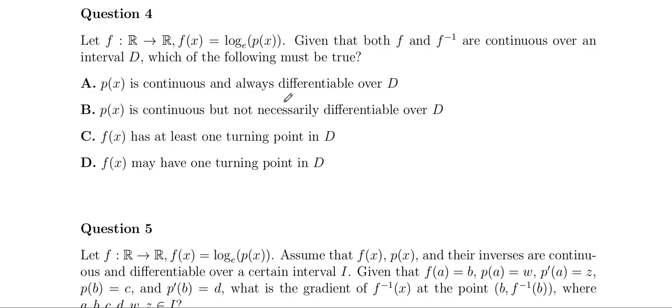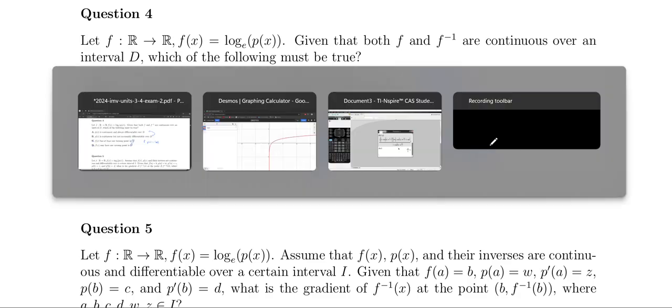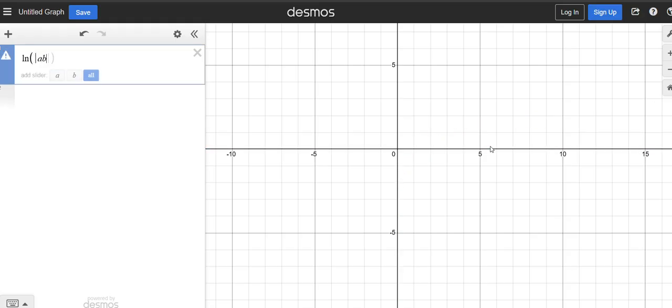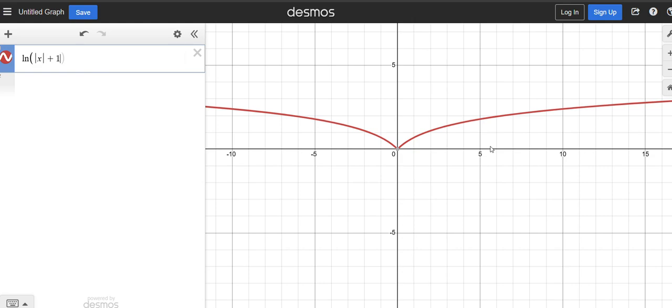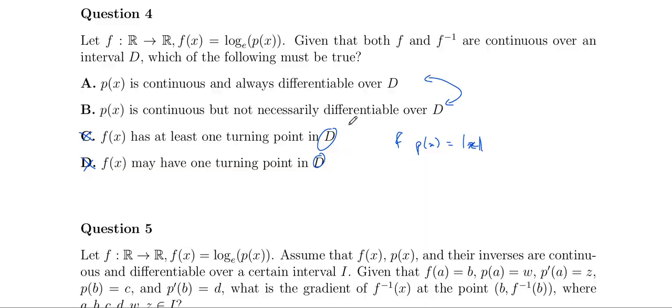First of all, these can't be true, because if they have turning points, then f negative 1 isn't defined in D. Out of these two, we're going to look at the example when p of x is equal to the absolute value of x. So p of x is equal to the absolute value of x plus 1, so that everything is above the x-axis. Yeah, so absolute value of x plus 1.